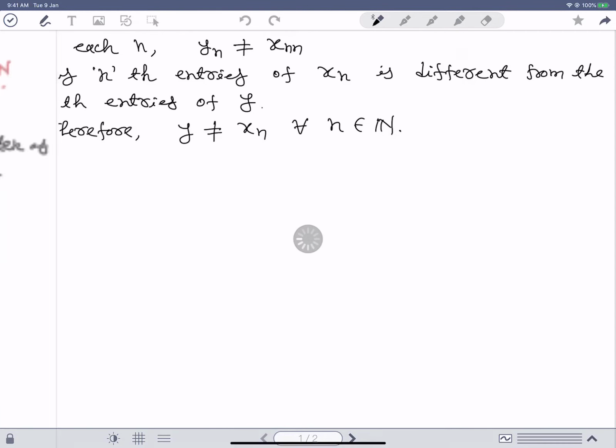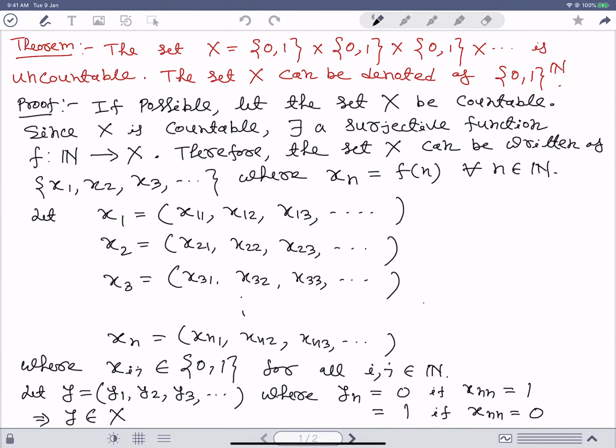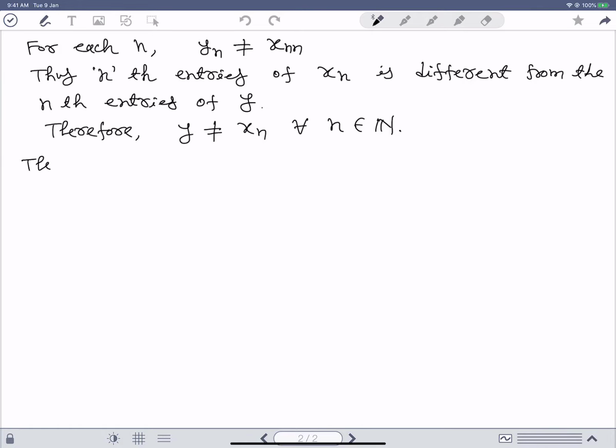That means we have constructed one infinite sequence with the entries 0 and 1. That means we have found one element y in the set X, but the point y is not in this list. That means the point y does not have any preimage. So therefore we can write here f of n is not equal to y, since xn equals f of n, right, for all n belonging to natural numbers.